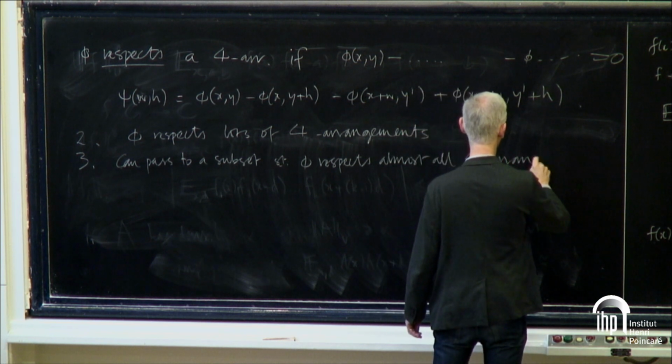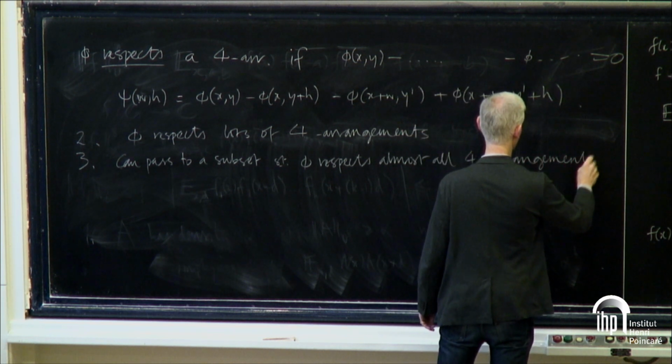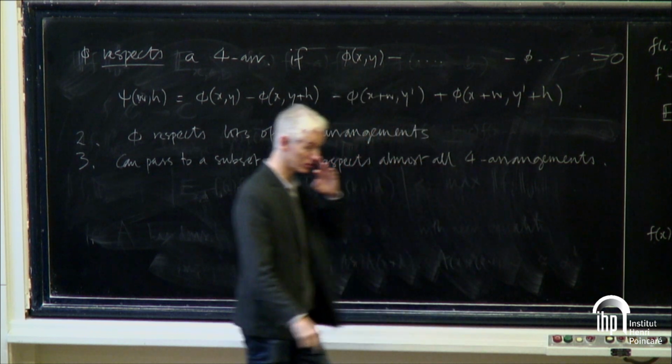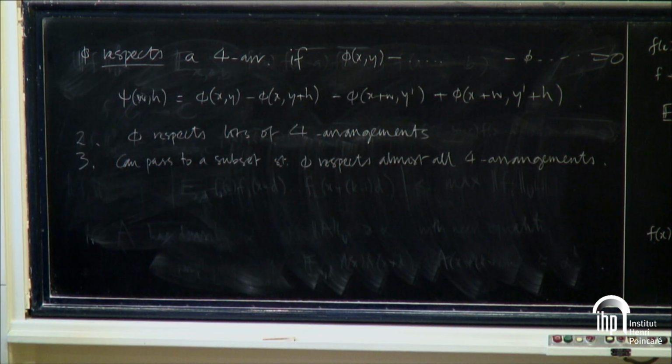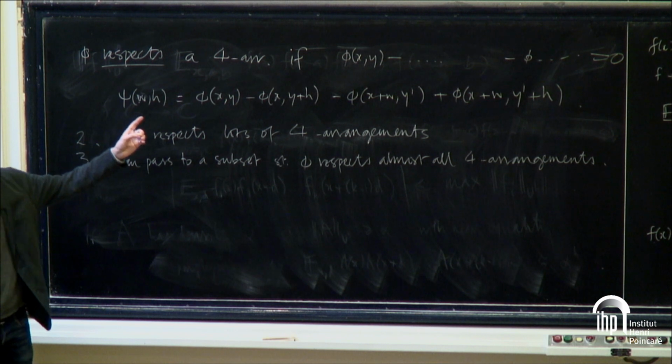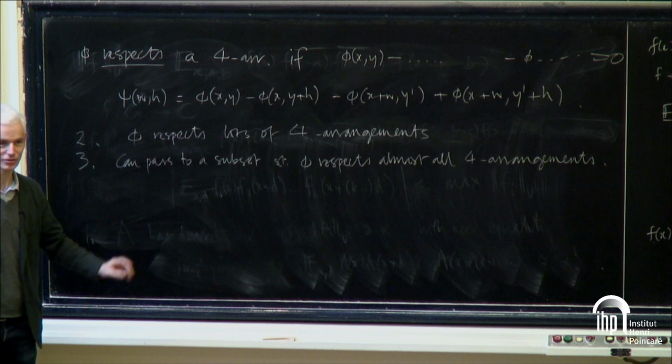And almost all is what additive combinatorialists call 99%. So it's a constant that you can make as close as you like to 1, but it's important that it's not allowed to depend on the C which you start with, but that's just a slightly technical point.